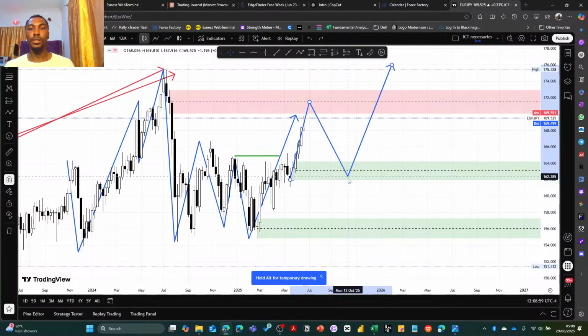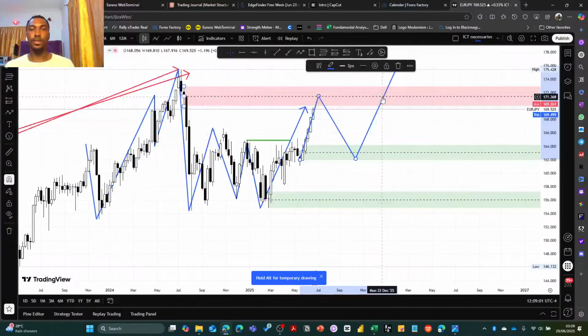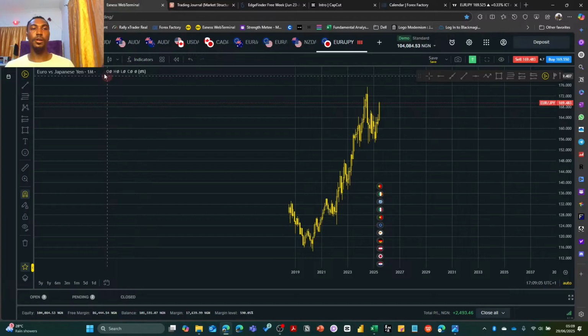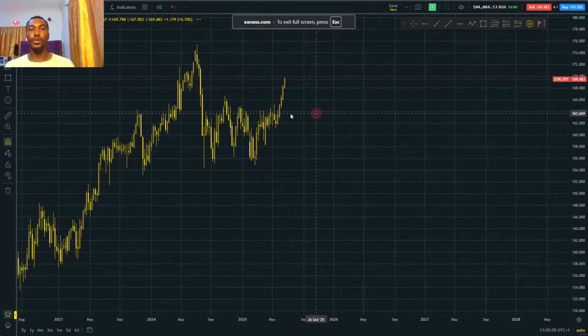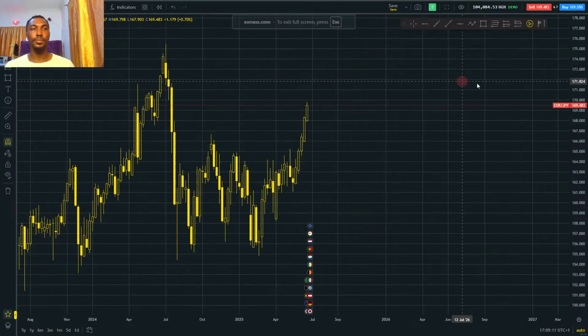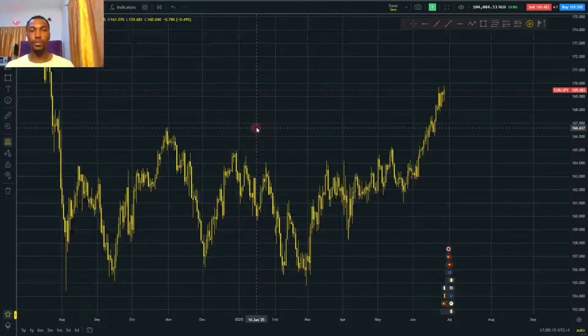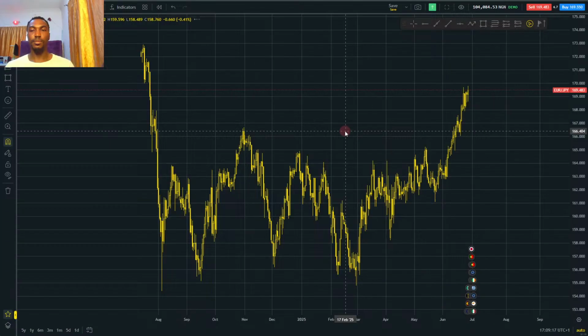But first things first, target. This is it on the weekly, and we already did the weekly analysis there on TradingView. Let's go for the daily analysis. The daily analysis is as good as the weekly.